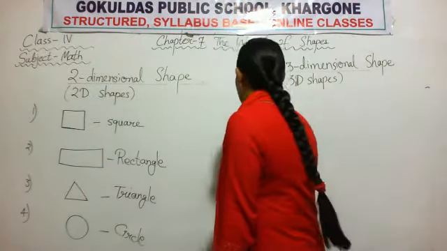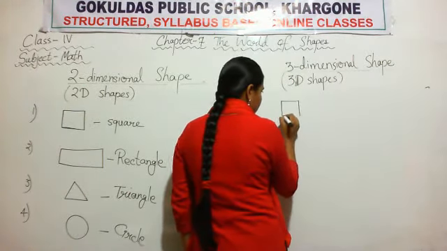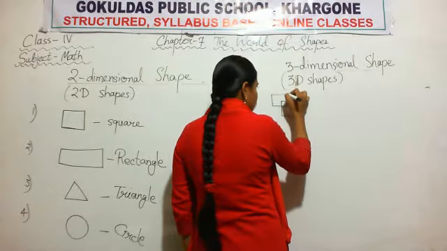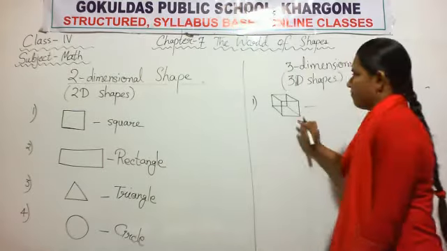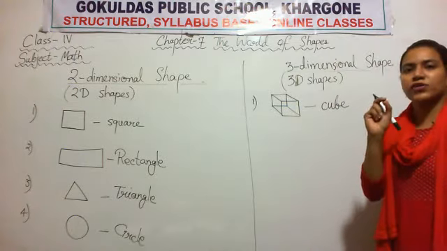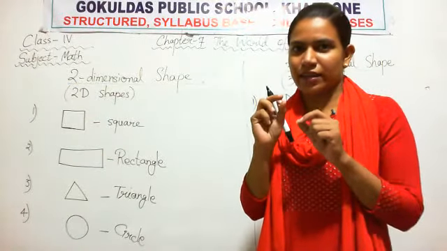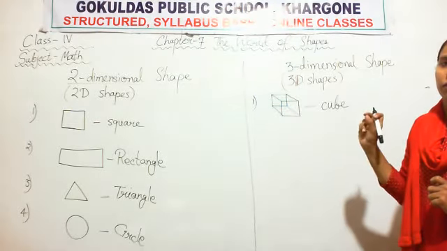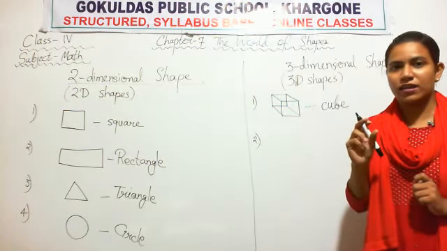Now 3D shapes if I draw. The name of this shape is cube. Have you seen the crystal of sugar? Those crystals are in the shape of cube. Ice cube you have seen?